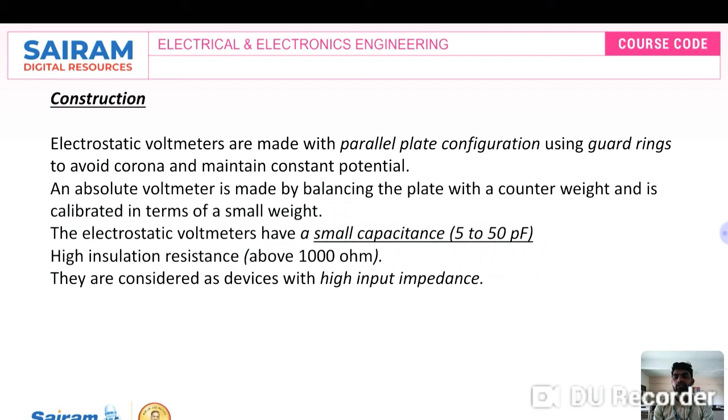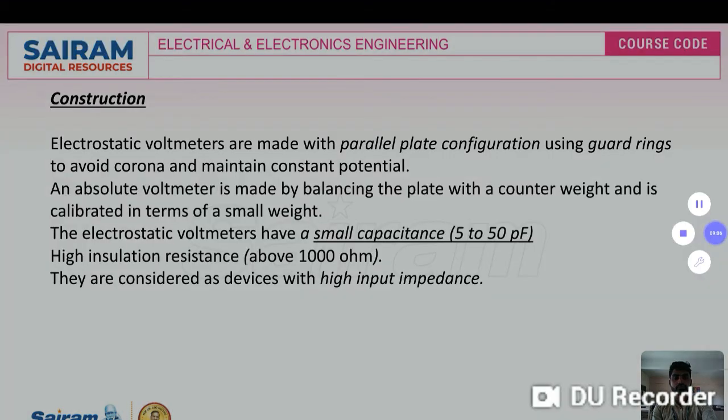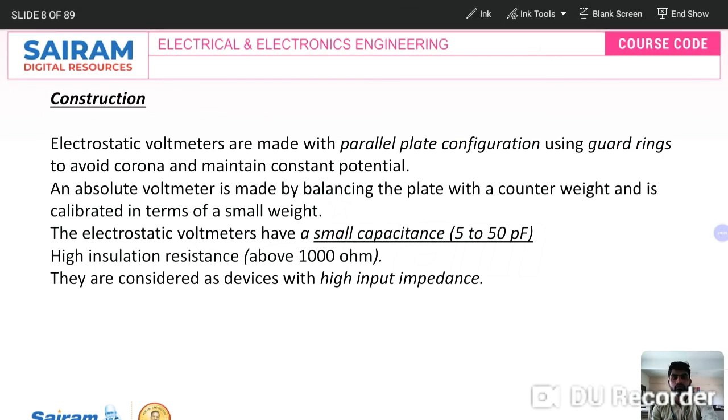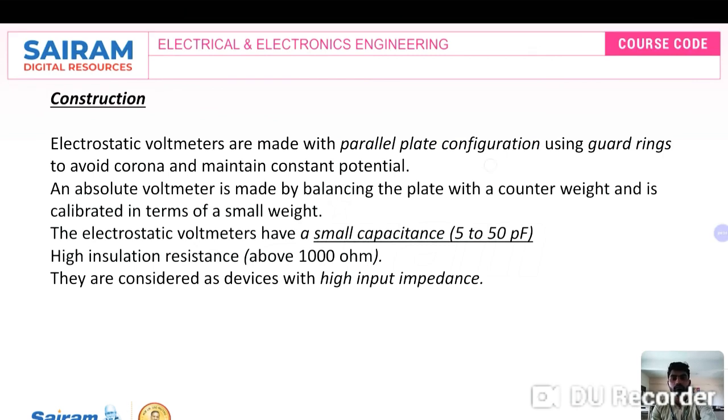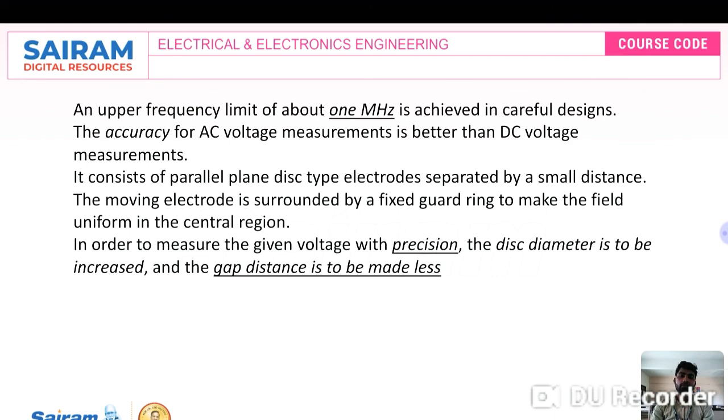They are considered devices with a high input impedance. An upper frequency limit of about 1 megahertz is achieved by careful design. The accuracy of AC voltage measurement is better than DC voltage measurement, I mean the measurement is more accurate compared to DC.